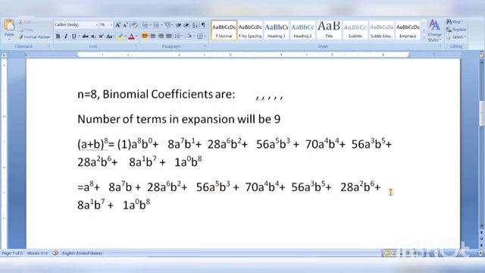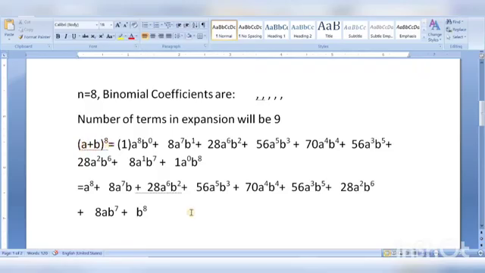Here also it is okay, and here now we have a raised to 1, so we don't write this 1, so it is 8a b raised to 7, and also this 1 we don't write, and a raised to 0 is 1. So now this is the expansion of a plus b bracket raised to 8 using the binomial coefficients.